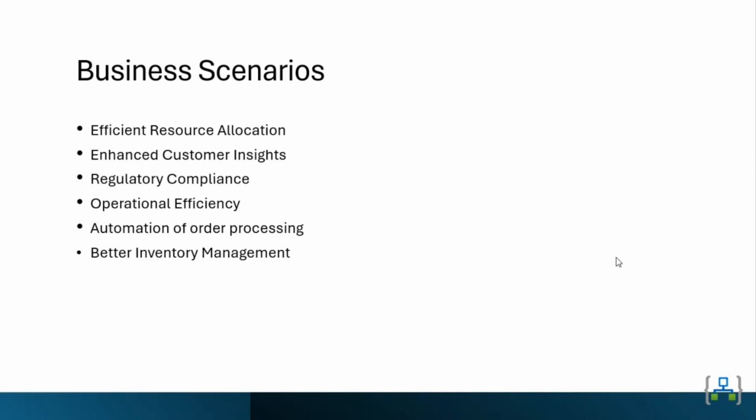Then operational efficiency is one of the most important scenarios that we need. The need for manual data transfer between systems is reduced. That saves time and eliminates the chances of human errors, leading to overall operational efficiency. When a new customer is added in one department, it is reflected in the other department.